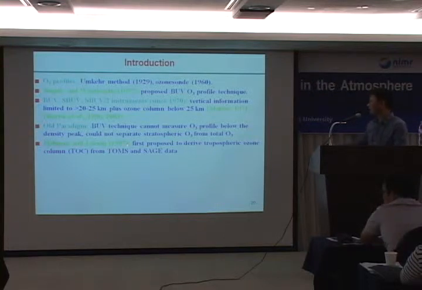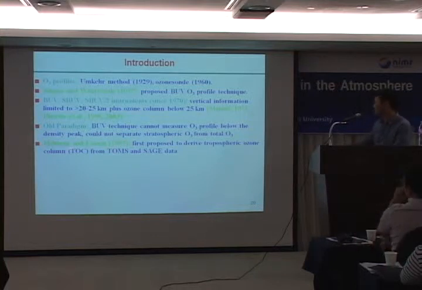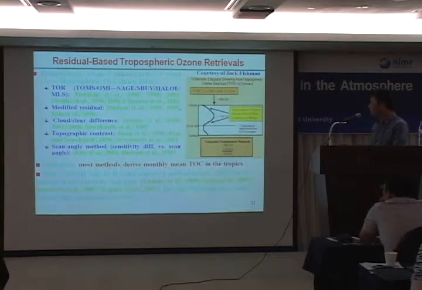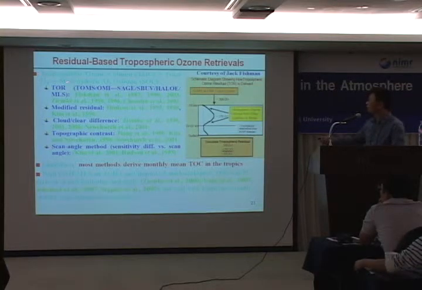And since 1987, pioneered by Fishman and Larsen, they proposed to derive the tropospheric ozone from the total ozone, also some stratospheric measurements like SAGE. A lot of groups have developed this kind of residual-based approach to give us very useful information about the distribution of tropospheric ozone.